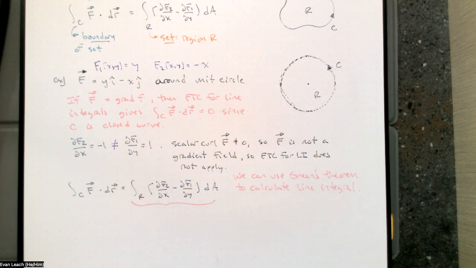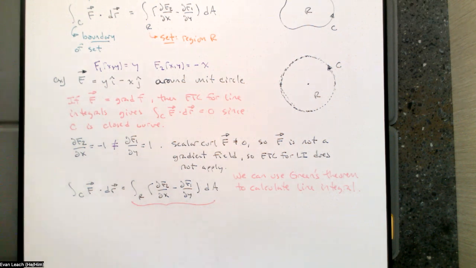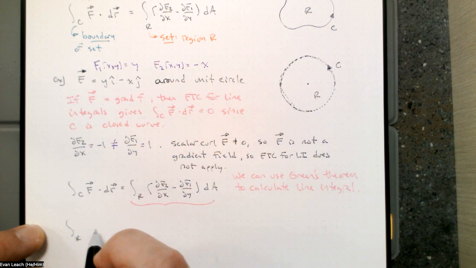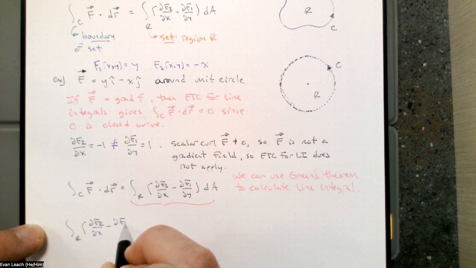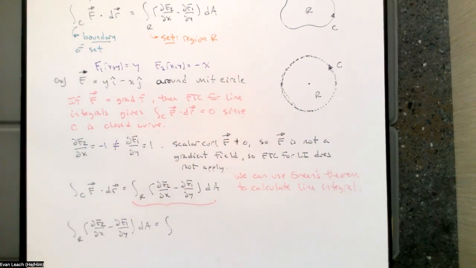Now we need to set up a double integral. And this is just a double integral over a unit circle. So I need to describe the x's and the y's.